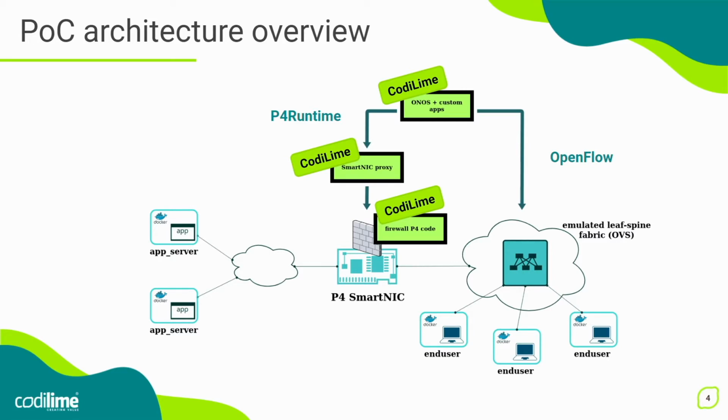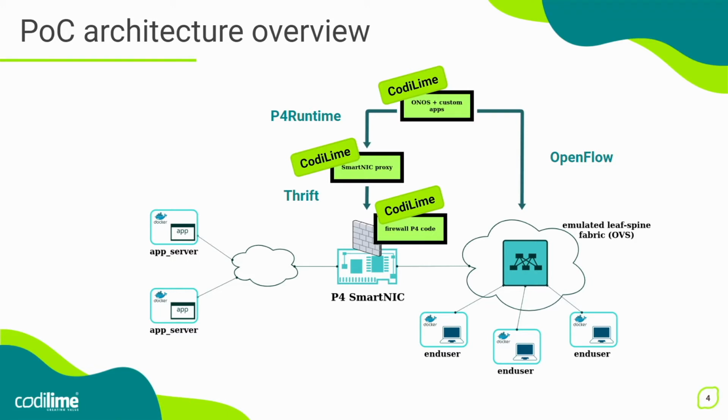So it turned out that a direct integration was not possible in our case. But there is also another method of controlling this card at runtime, and it is based on Thrift. Therefore, to make integration with ONOS possible, we created a dedicated SmartNIC Proxy application that converts gRPC-based P4 runtime to the Thrift-based manufacturer's protocol, and thus we achieved our goal.